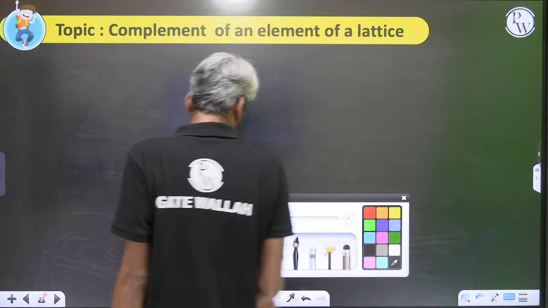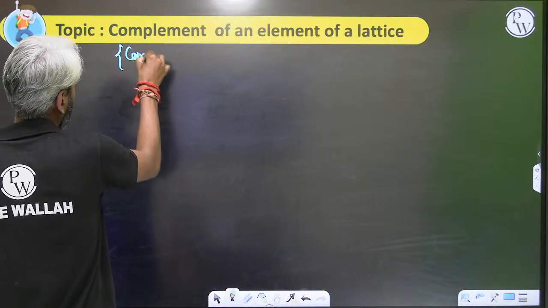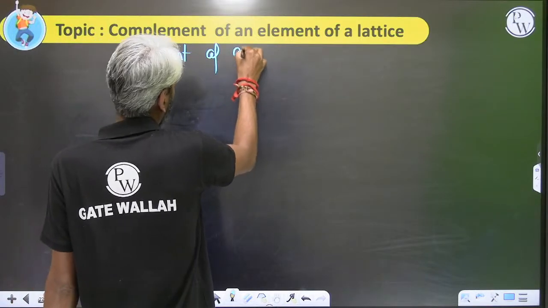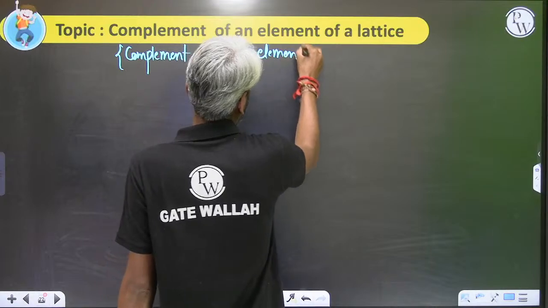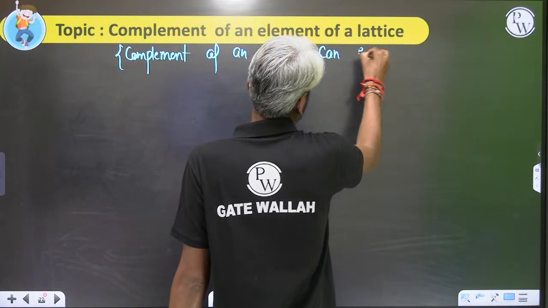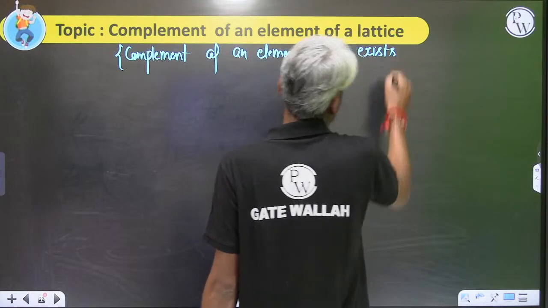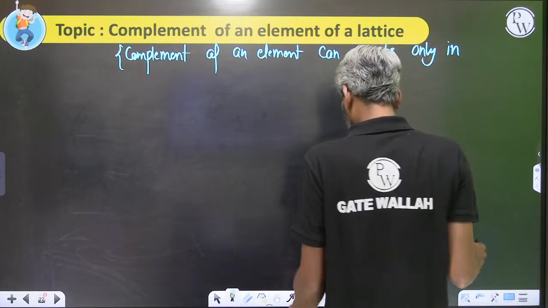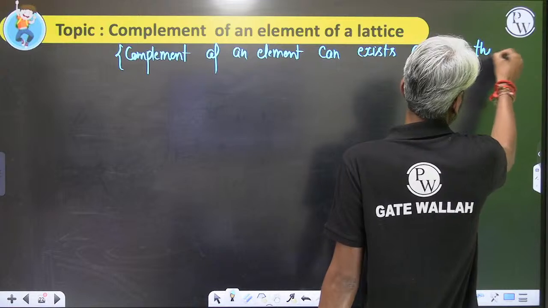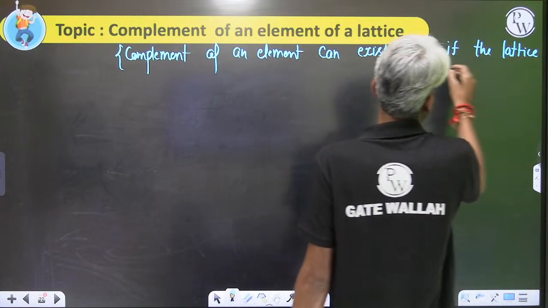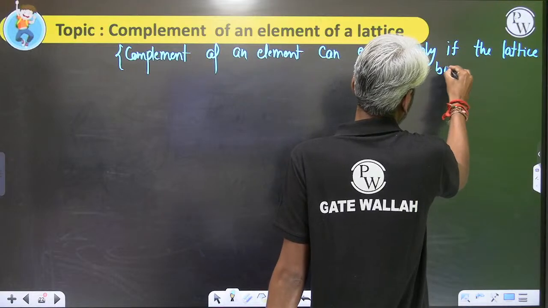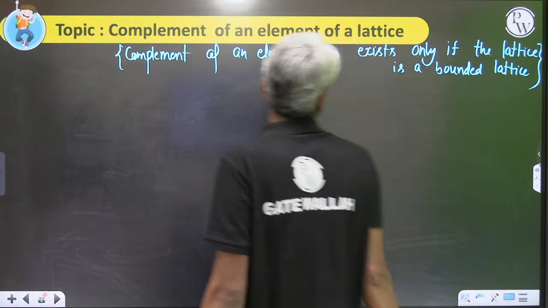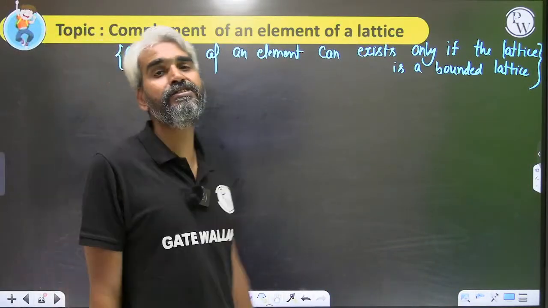First thing, the complement of an element can exist only if the lattice is a bounded lattice. If the lattice is not bounded, the complement will not exist for any element.